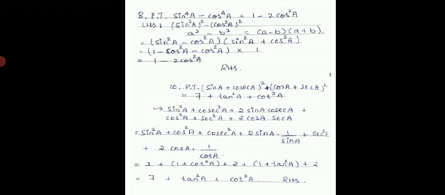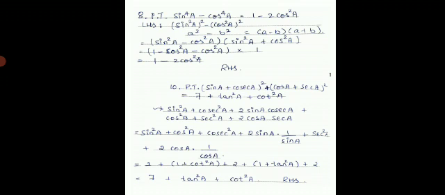Prove that sin of a plus cosec of a the whole square plus cos of a plus sec of a the whole square is equal to 7 plus tan square of a plus cot square of a. Now, here also we are using the identity a plus b the whole square for the first bracket as well as for the second bracket.